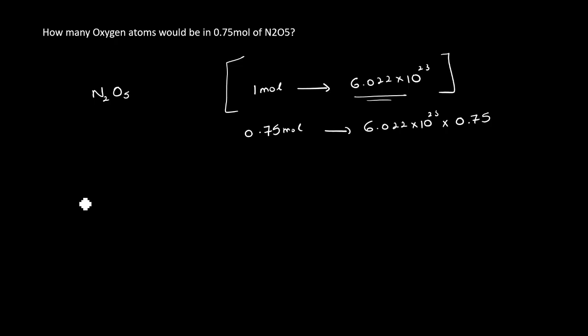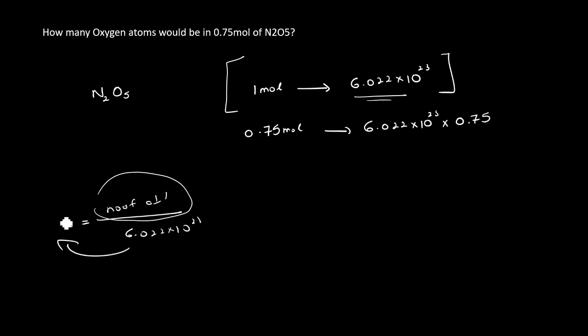Or you can use the equation: moles equals number of atoms or molecules over 6.022 times 10 to the power 23. So you need the number of molecules, so you multiply the number of moles by 6.022 times 10 to the power 23. It's the same thing I did here. The equation does exactly the same thing as our logical pathway, right?